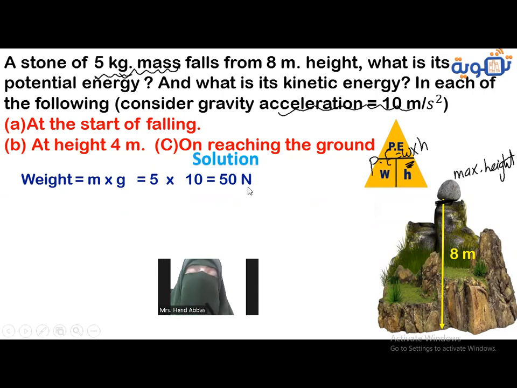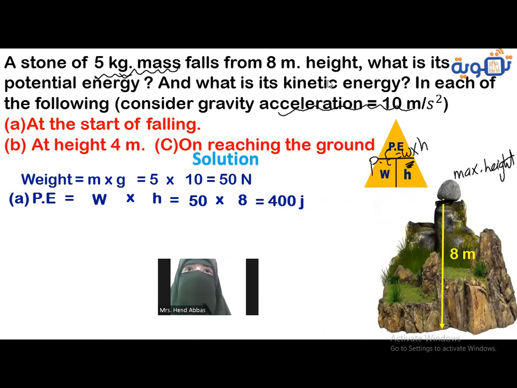Okay, the potential energy equals what? Weight times the height. The weight we calculated, 50, times its height from the ground, 8 meters at the starting point. So it equals 400 joules.